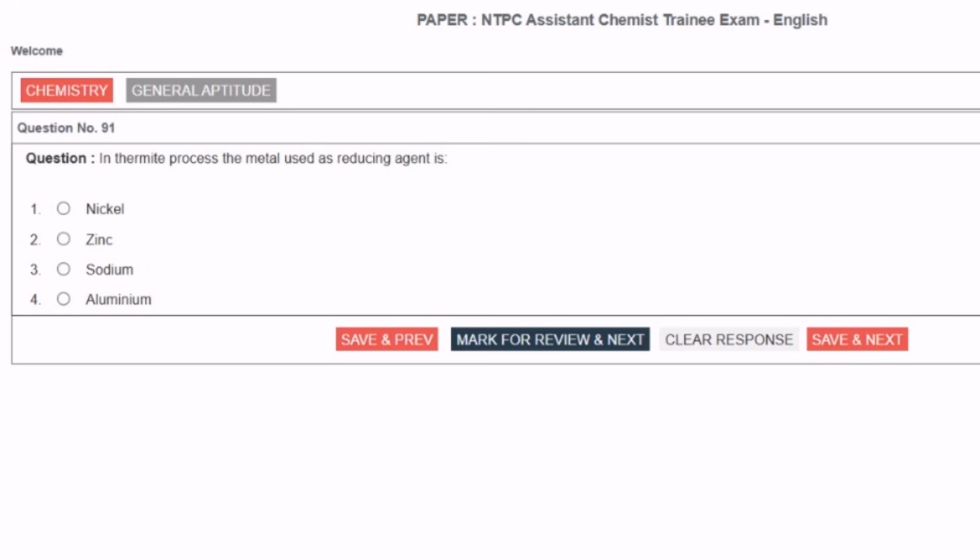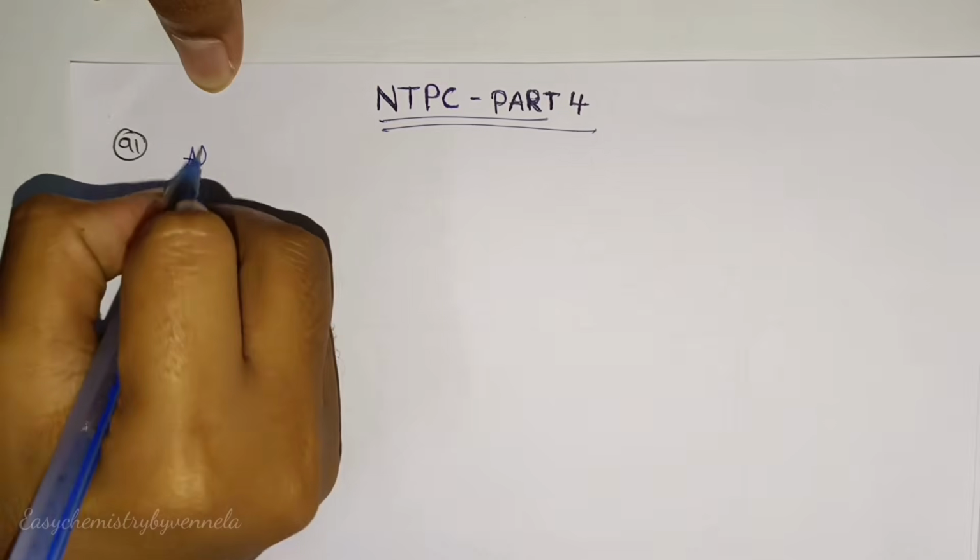So let's begin. In Thermite process, the metal used as a reducing agent is nickel, zinc, sodium, aluminium. Which one? Aluminium.